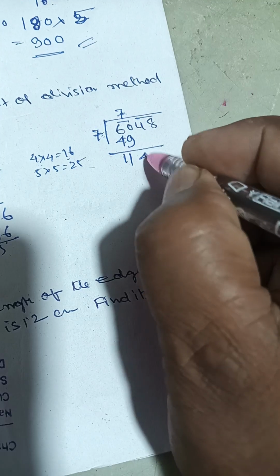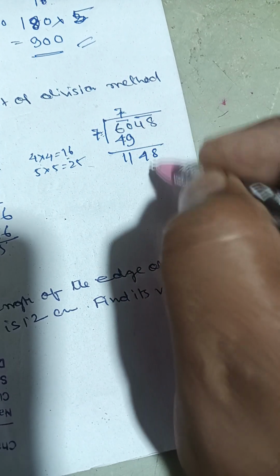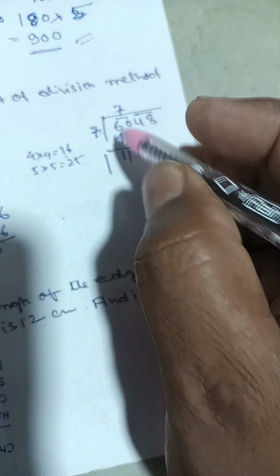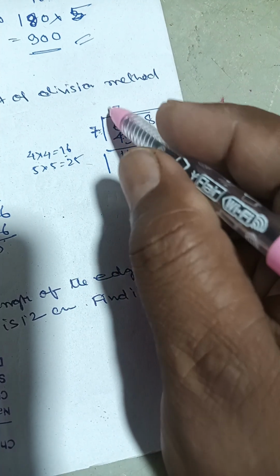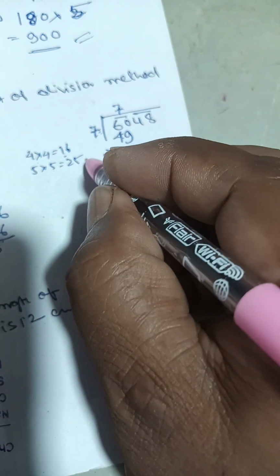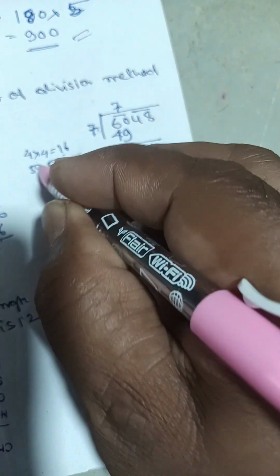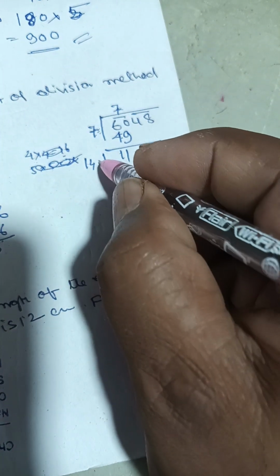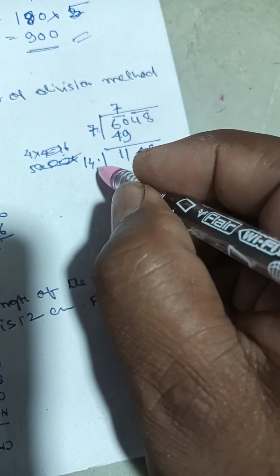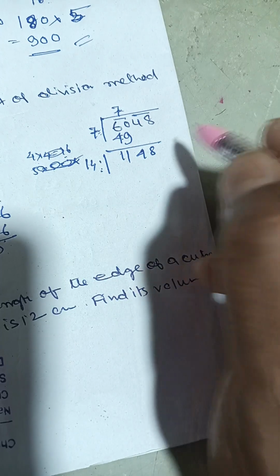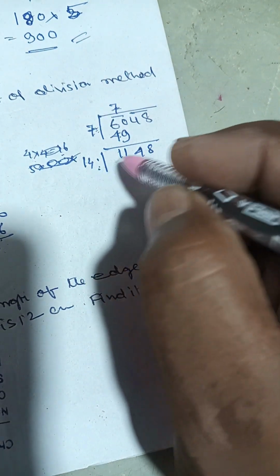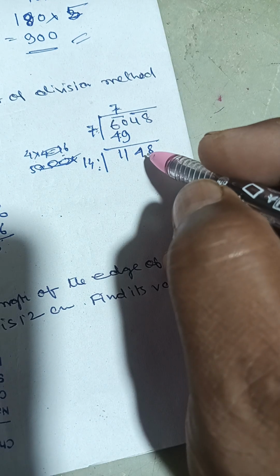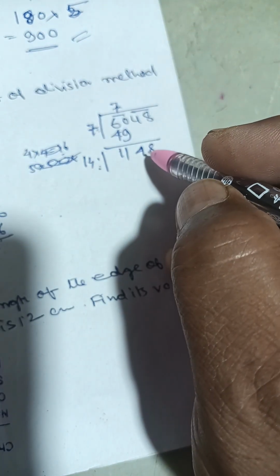Now you put 48 here. This pair should come down here. Now again we have to divide this number by which number? By the double of this number, 7. What is the double of 7? That is 14. Now we have to put two same numbers here so that the product becomes 1148. 4 fours are 16, 5 fives are 25, 6 sixes are 36, 7 sevens are 49, 8 eights are 64.